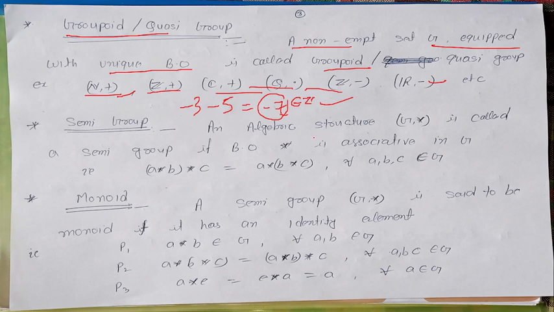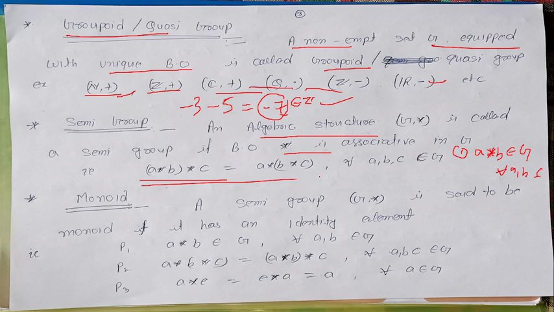What is a semigroup? An algebraic structure that satisfies the associative property is called a semigroup. This means that to have a semigroup, you need to check two things: the closure property, A star B belongs to G for all A, B belongs to G, and the associative property. If the two properties are satisfied, then it is called a semigroup. The third one is monoid.